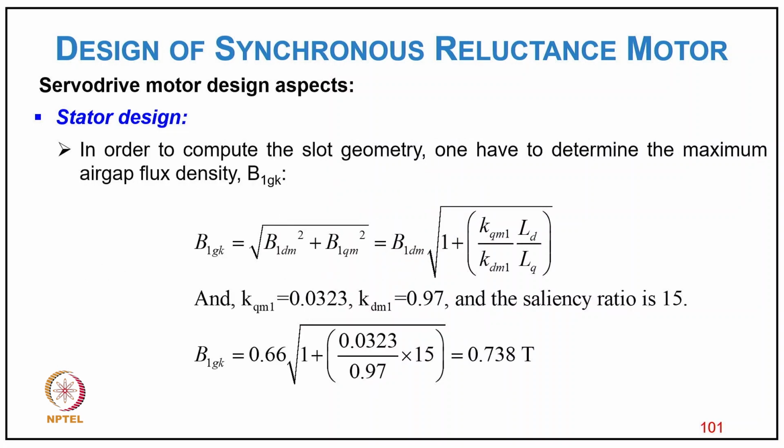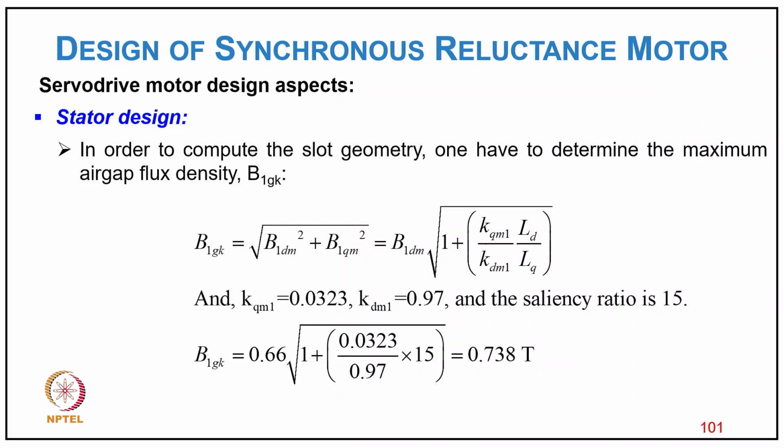Now in order to compute the slot geometry, one has to determine the maximum air gap flux density Bg1k. Bg1k equal to under root Bg1dm square plus Bg1qm square, or Bg1dm under root 1 plus KQM1 LD upon KDM1 into LQ, and putting KQM1 equal to 0.0323, KDM1 equal to 0.72 and saliency 15.